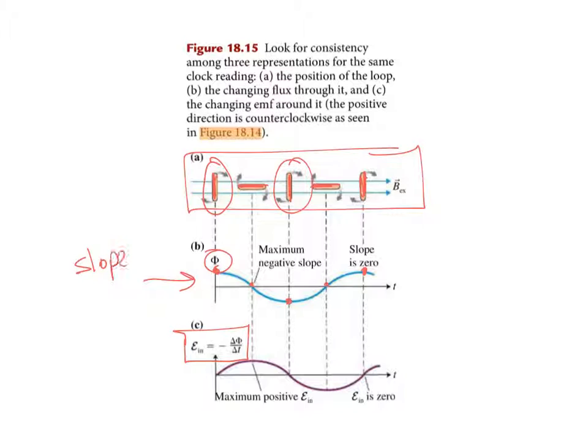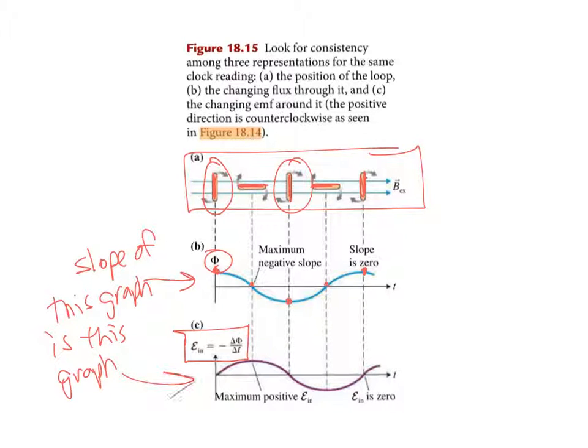The slope of this graph is this graph down here. So the slope at time 0, the instantaneous delta phi delta t is 0, so you'll notice the induced EMF is 0.